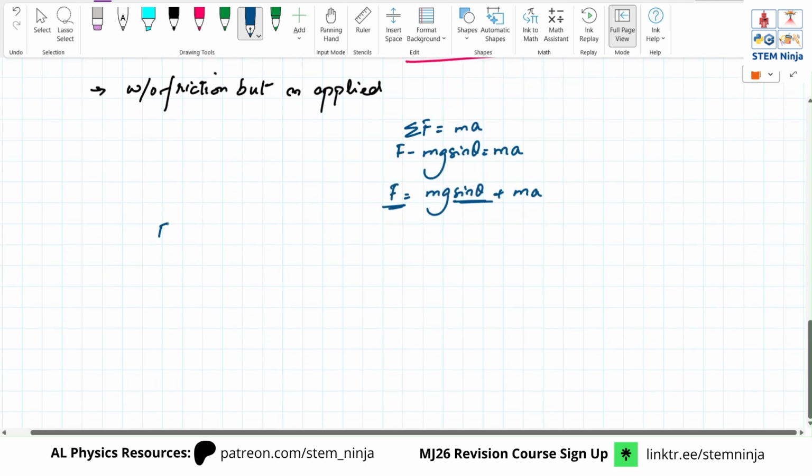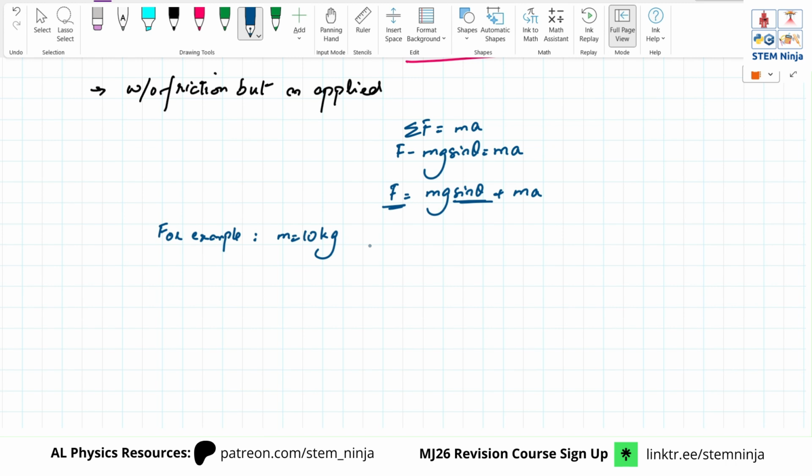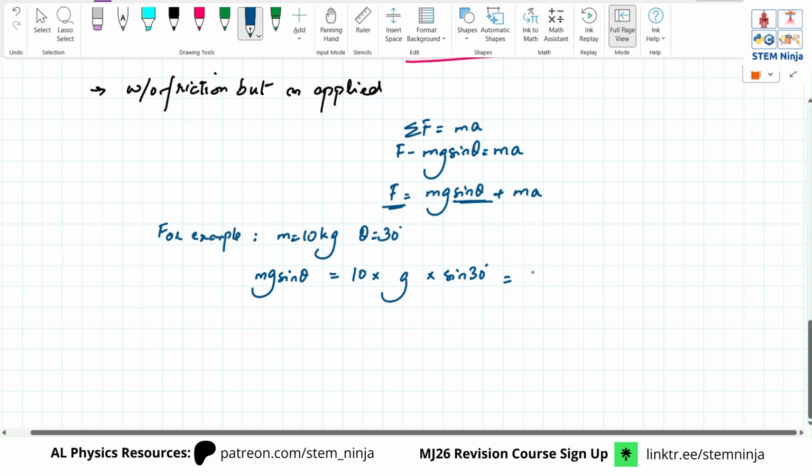So for example, you have mass 10 kgs and theta is 30 degrees. So mg sine theta would become 10 times 9.81 times sine of 30. Let's call it g for a while. Sine of 30 is 1 over 2, so this would be 5g simply.